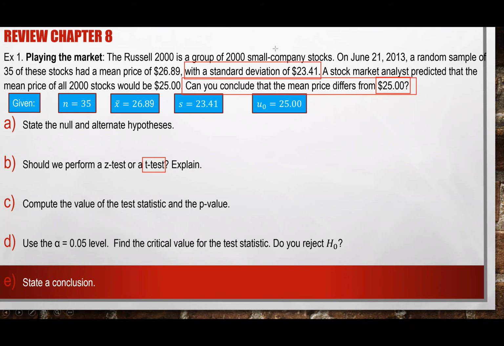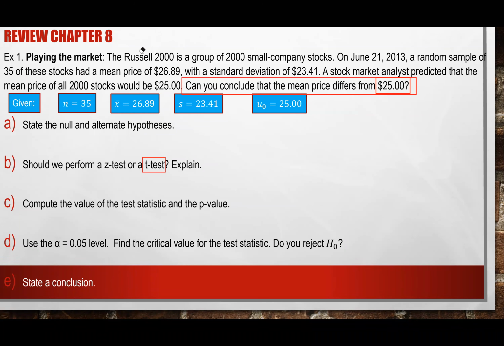So 90% of the time, the mu sub 0 is in the question itself. Whatever this number is, that is the specific value, or that's the goal that we try to test. You ask yourself, what are you trying to test? You try to test the difference from the number 25, which is basically your goal that you want to test.